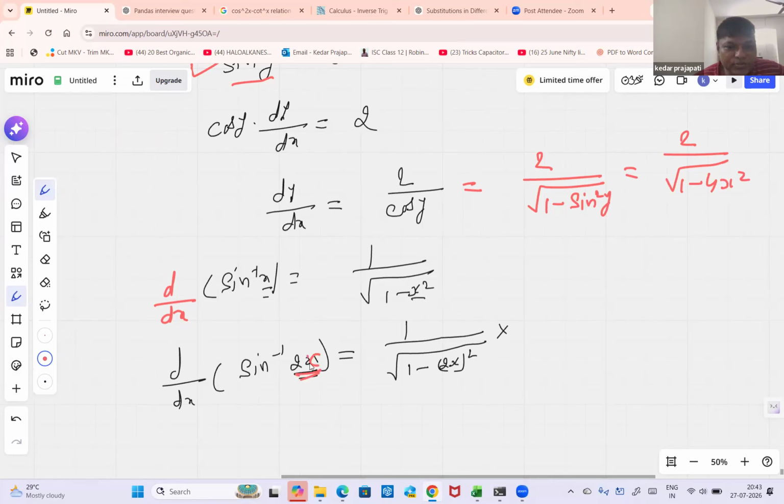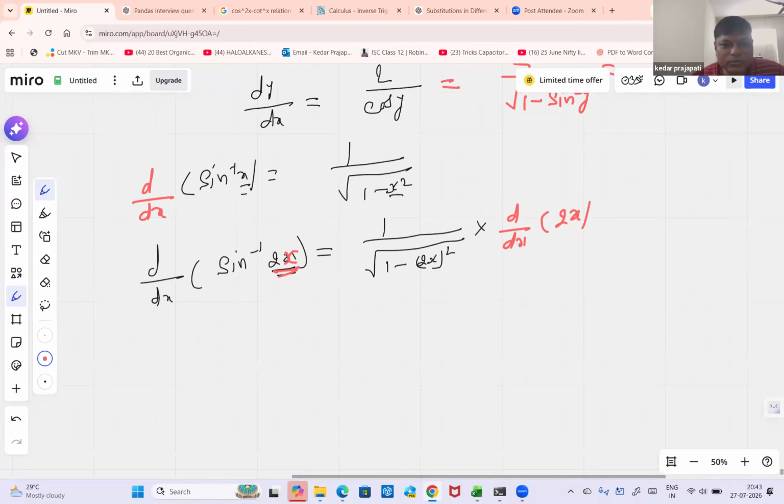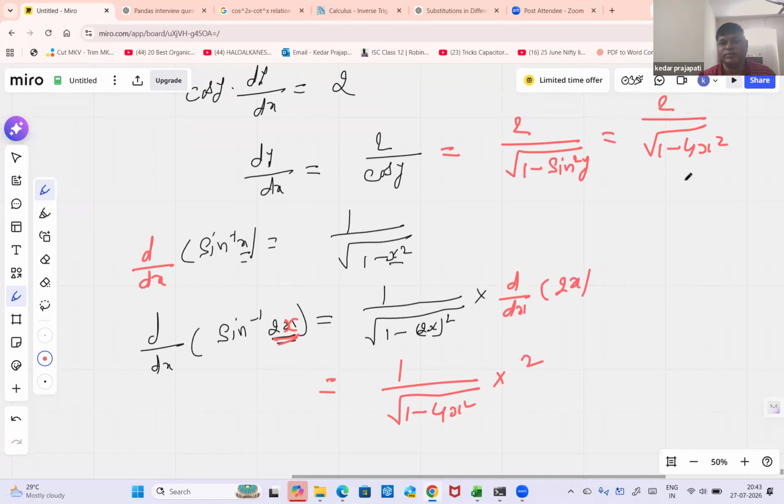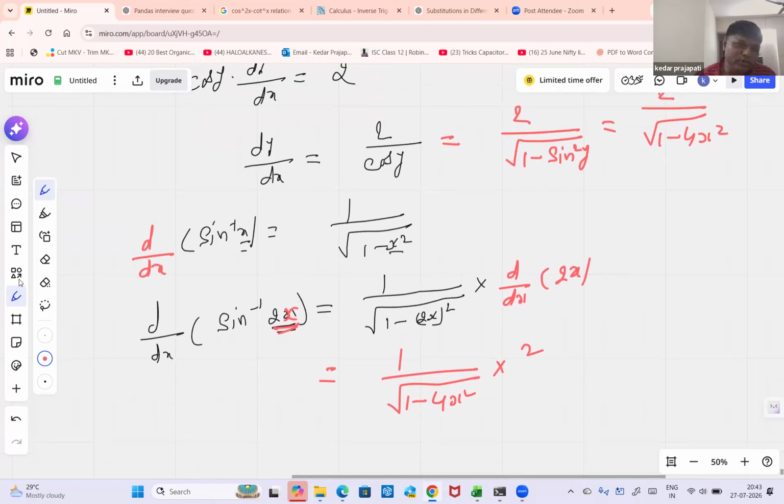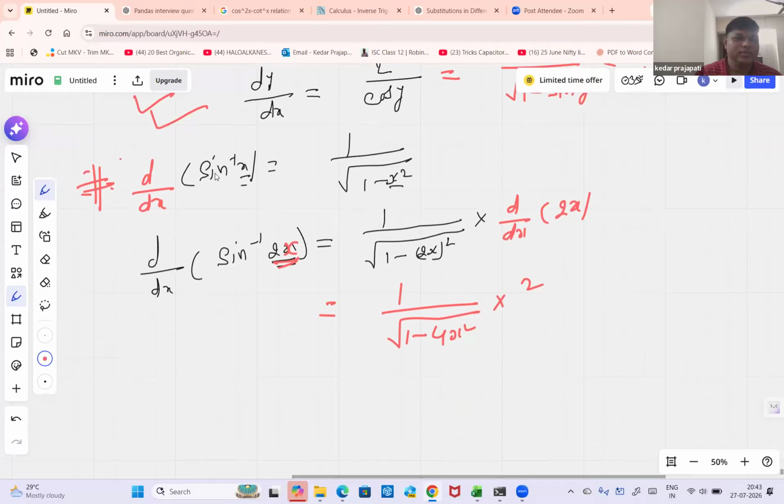This one needs to be differentiated. Now just simplify: 1 minus 4x square into 2. This is your answer, 2 by root of 1 minus 4x square. Same thing came here also. So whichever you like, you can use. This is also okay, and this is also fine.